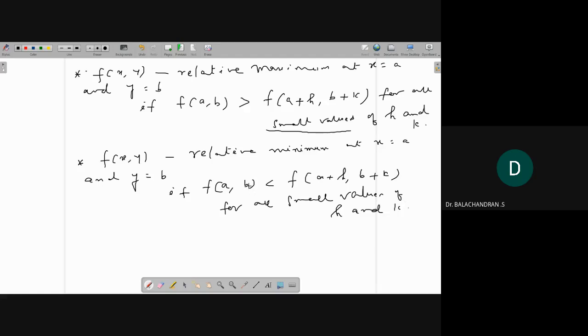Okay, so now I'm going to use this definition to solve the next problem.